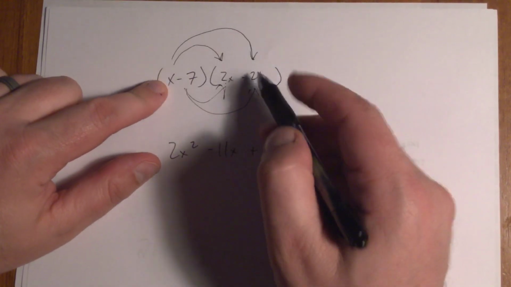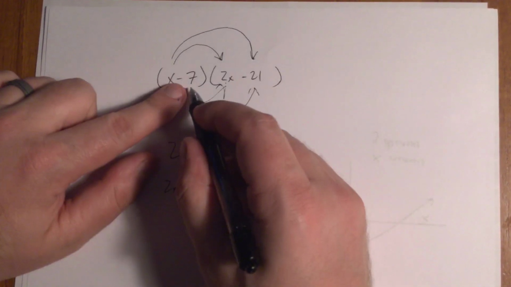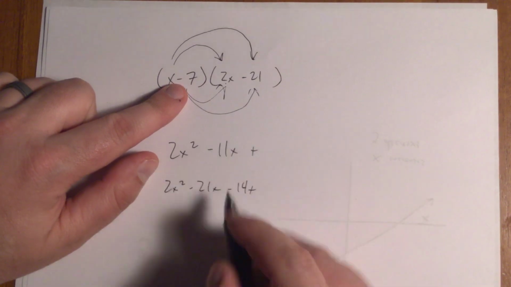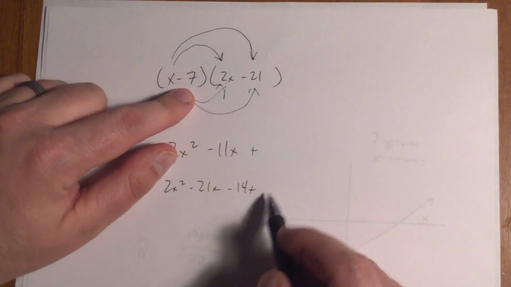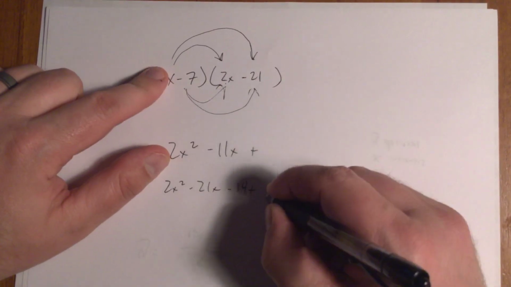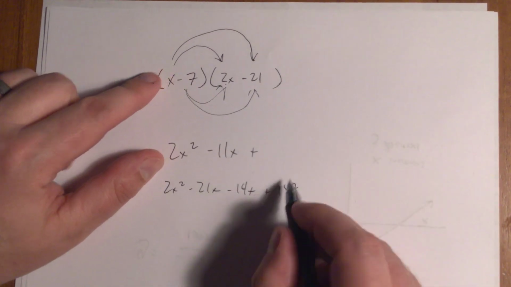X times negative 21 is negative 21x. Negative 7 times 2x is negative 14x, and then I'm going to have some constant term, positive 147. We don't really care about this.